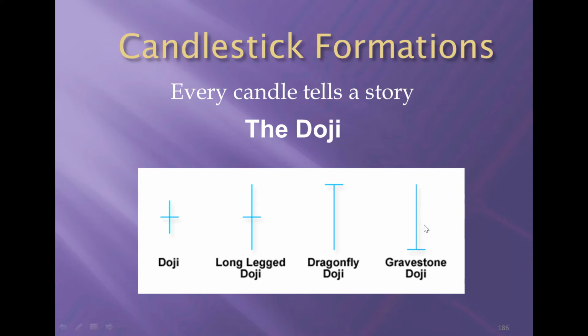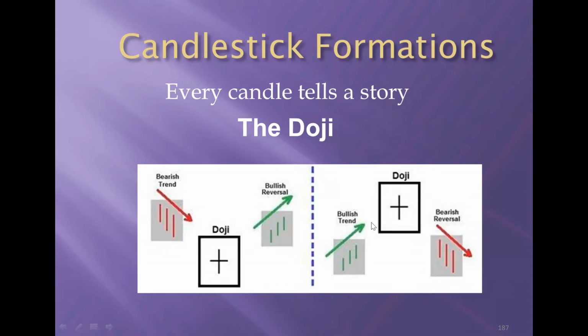So whichever Doji we're looking at, the story is the same. It's telling us there's indecision in the market. And that is very, very important. When there's indecision in the market, what the Doji will usually indicate is a reversal in trend.